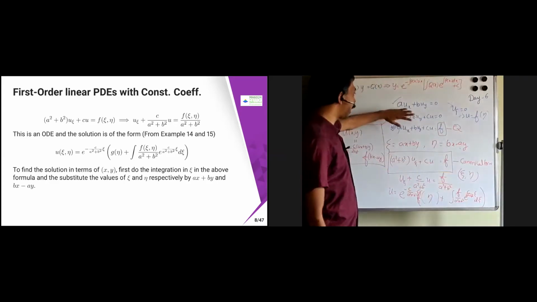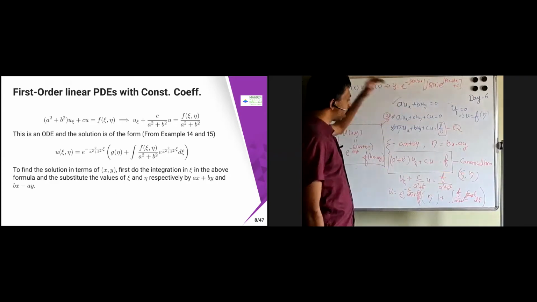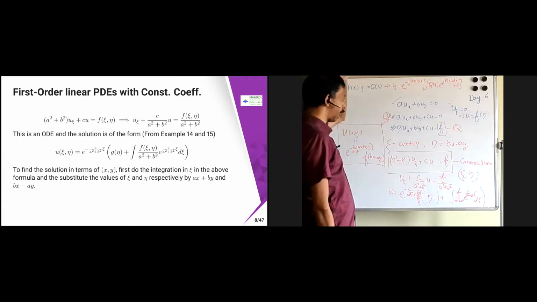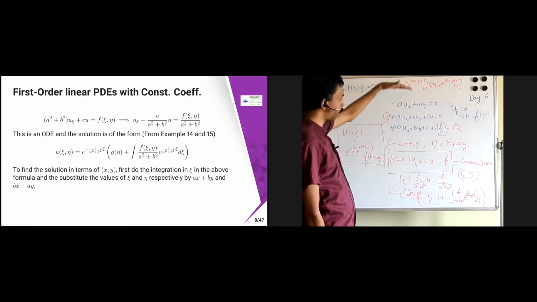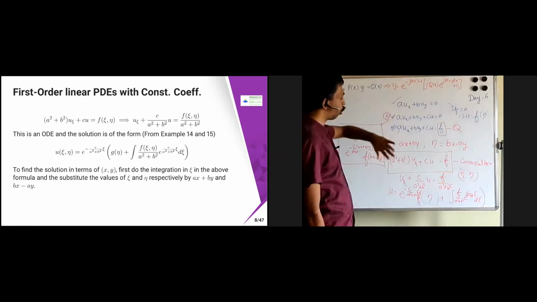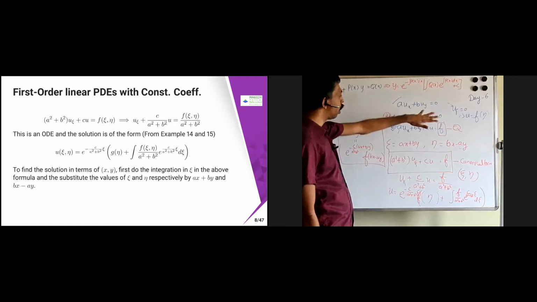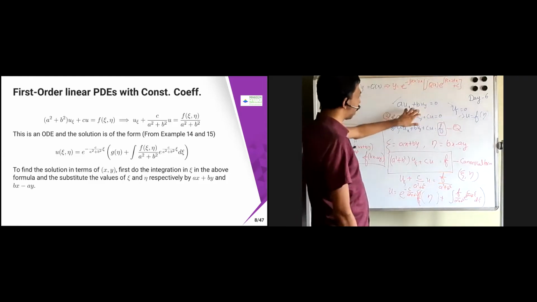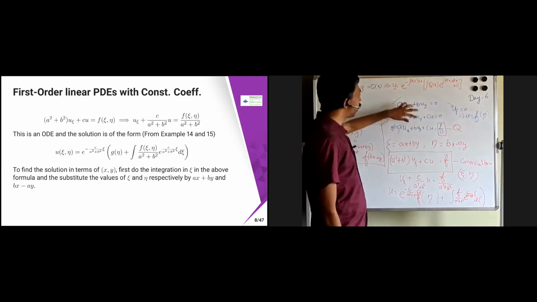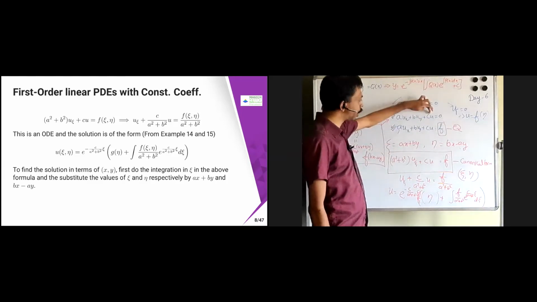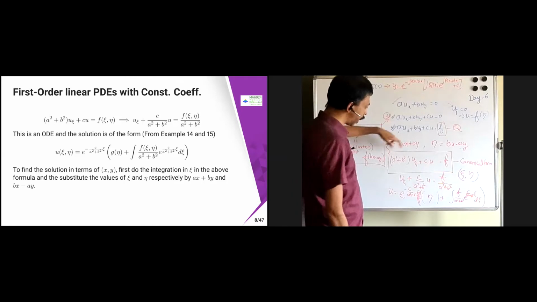We just started with a u_x plus b u_y equal to 0. We got the idea from that characteristic that b by a is going to be the characteristic equation. Then we found the characteristic lines, and from that we found the answer, which is nothing but u equal to f of eta. Then we introduced some more complexity, plus cu. Then again we are doing the same thing.